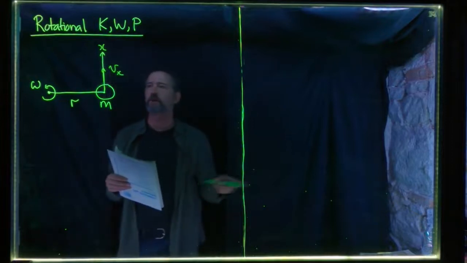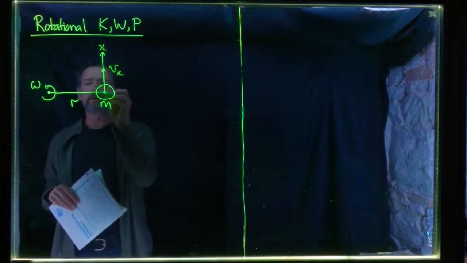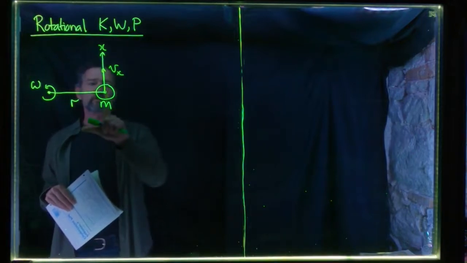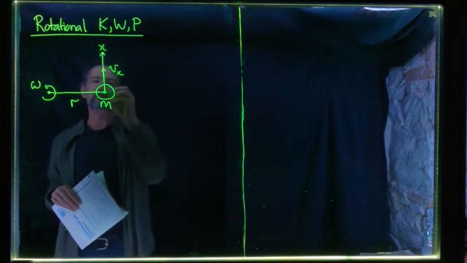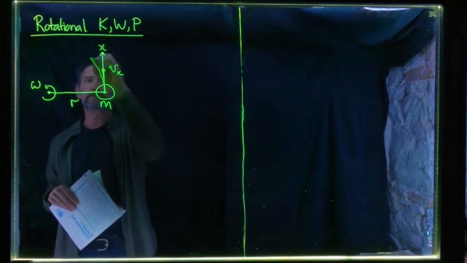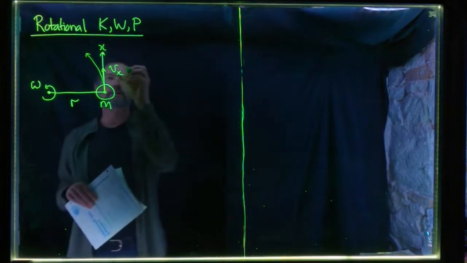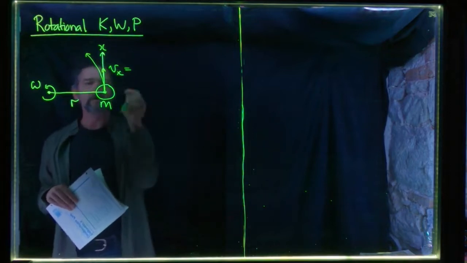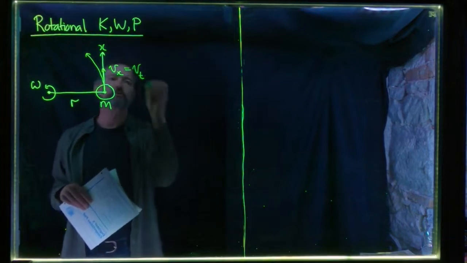However, because we've attached our point mass with a massless rigid rod to that pivot point, the trajectory of that mass is not along the x-axis, it's actually tangential to a circle of radius r. So it's actually doing that. And so that velocity along the x-axis is equal to the tangential velocity of that mass tangential to that circle. So that's v tangential.